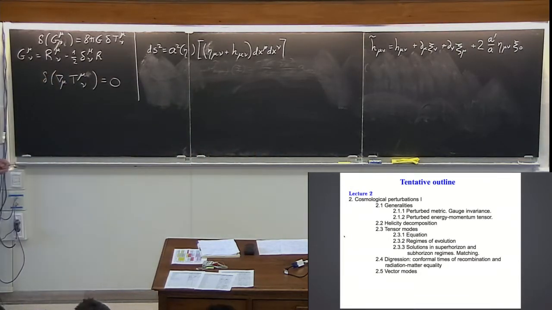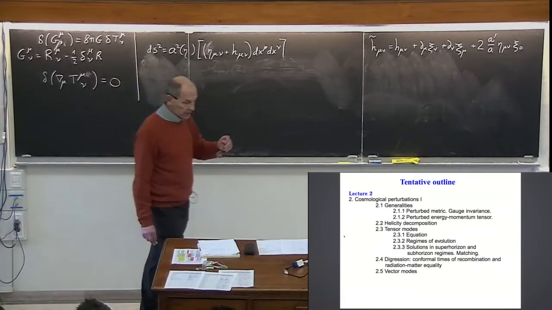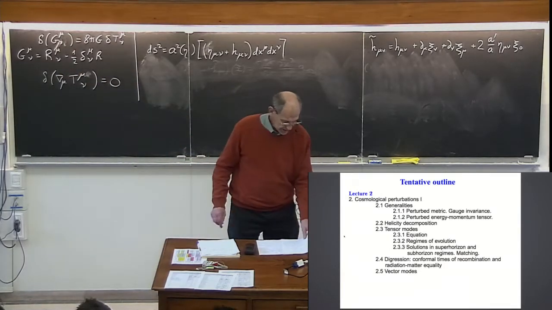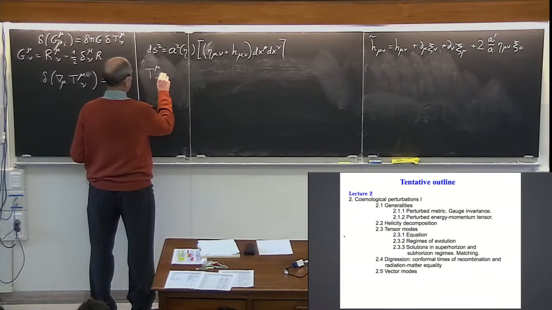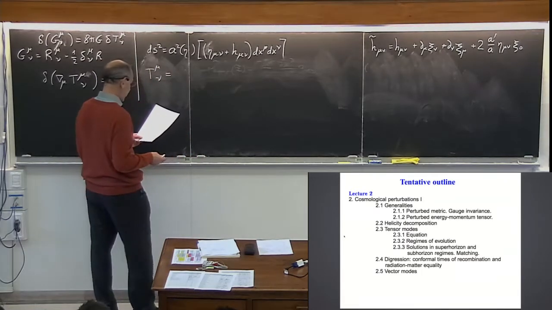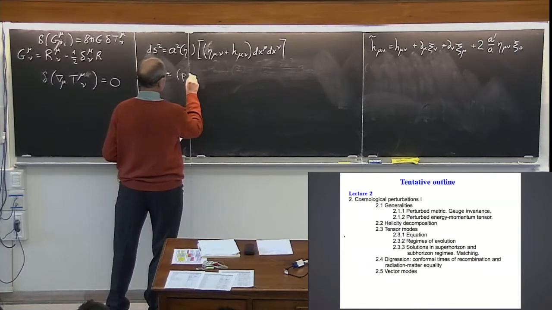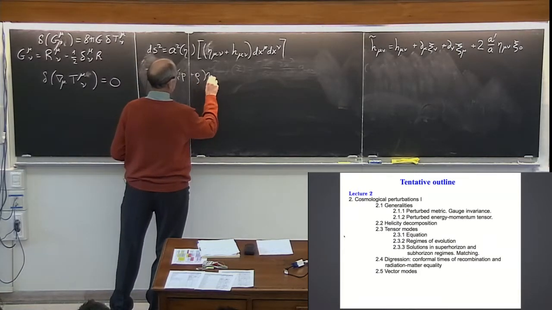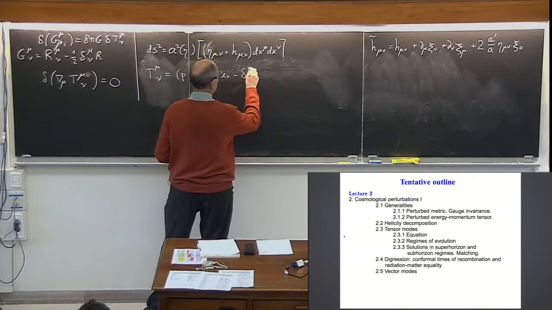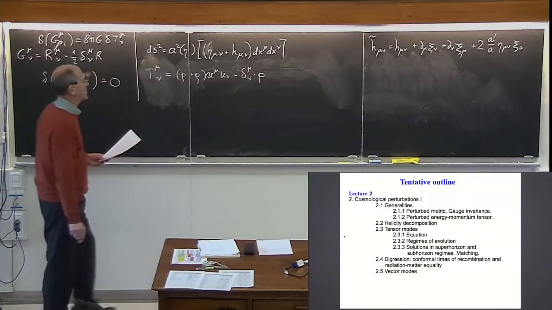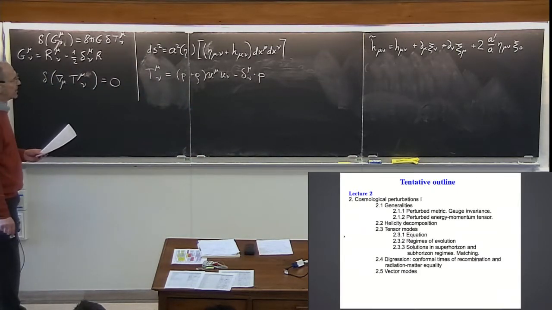The usual parameterization for the perfect fluid is that T mu nu normally for perfect fluid is (P plus rho) times U mu U nu, minus delta mu nu times P, where P is pressure, rho is energy density. This is for perfect fluid, okay?